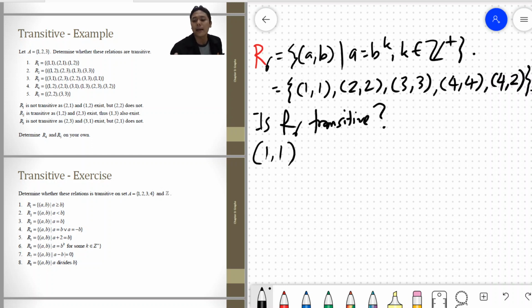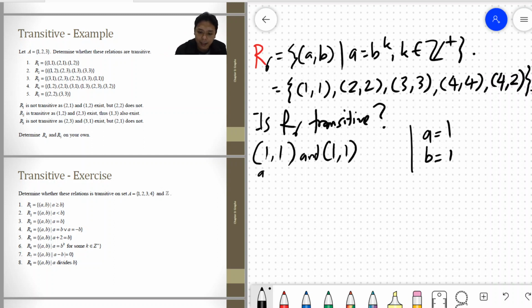If we set A equals 1 and B equals 1, it's still valid. You try to find B equals 1, it will be (1, 1). And if we treat this as (A, B) and this as (B, C).